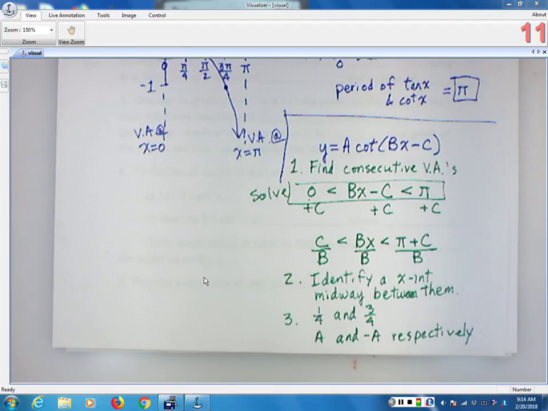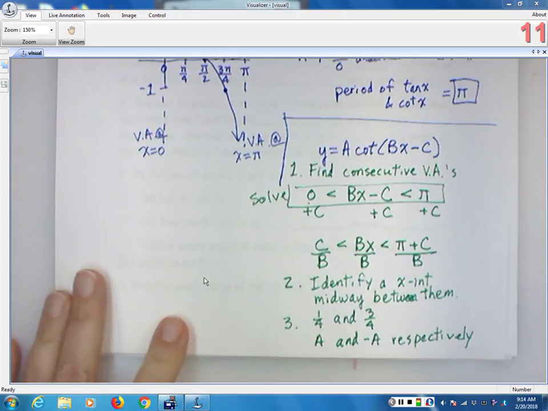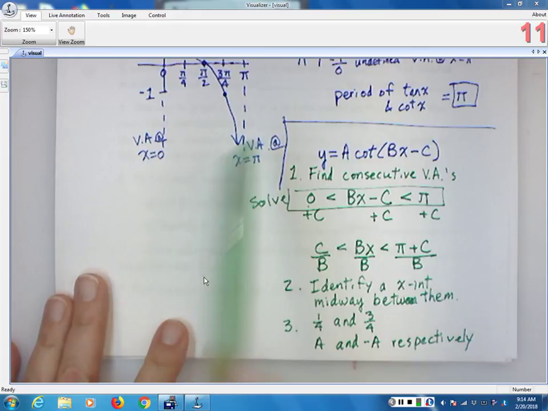So the period of cotangent is pi. For cotangent, we've got vertical asymptotes at multiples of pi.